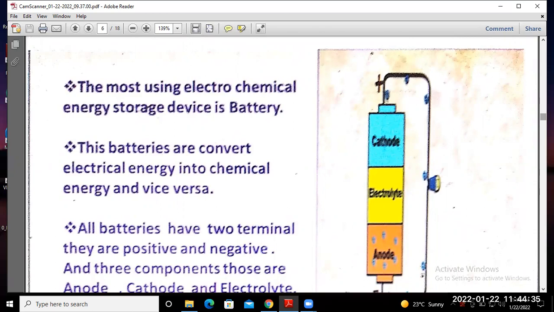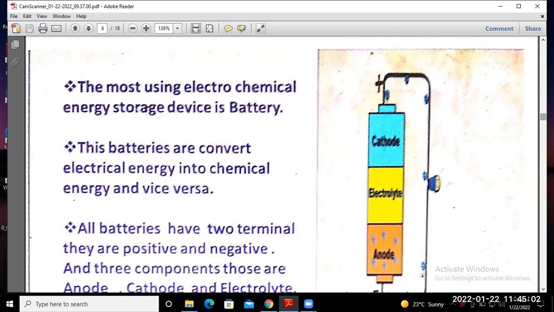Because as I said a few minutes earlier, you will find batteries in your home also, maybe used for light or some other application. So batteries convert electrical energy into chemical energy, and vice versa, chemical energy to electrical energy.